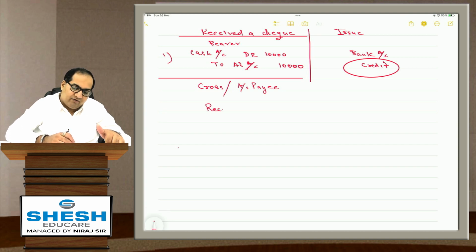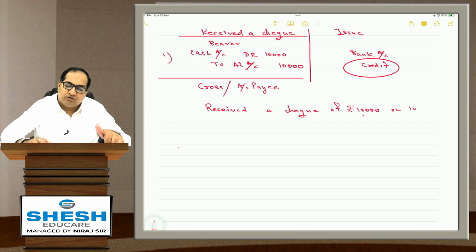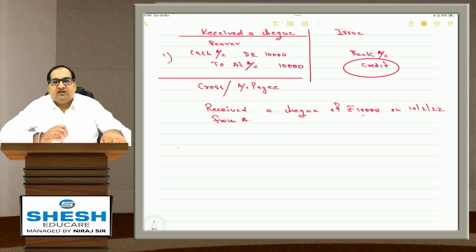I have received a check of rupees 10,000 on 10th of Feb 22 from A. Since they did not specifically mention that it is a bearer check that I have received, I conclude that I have received a cross check.